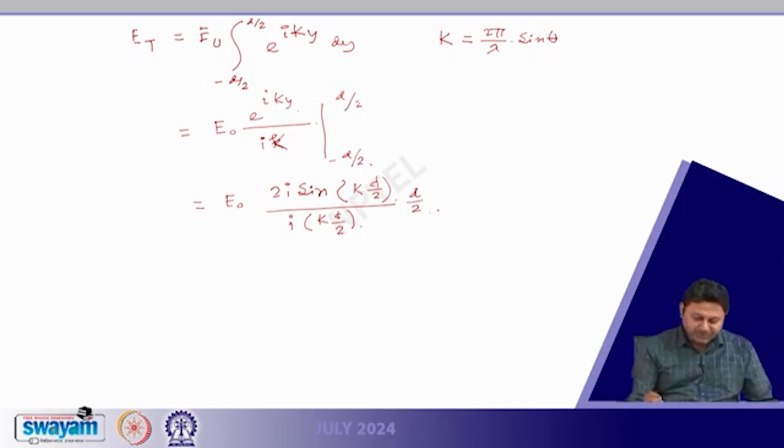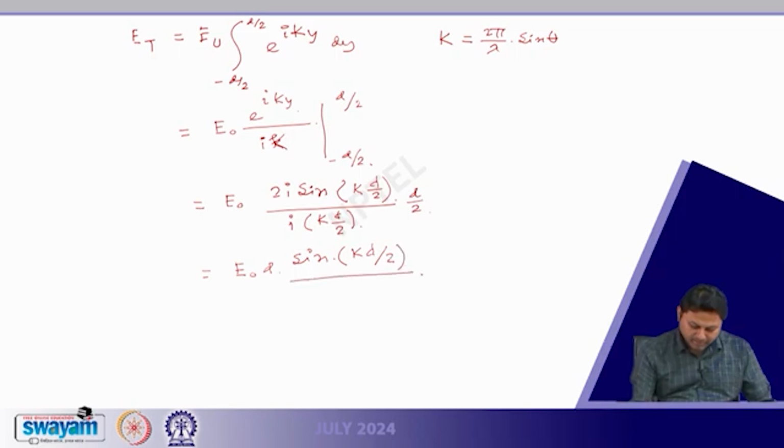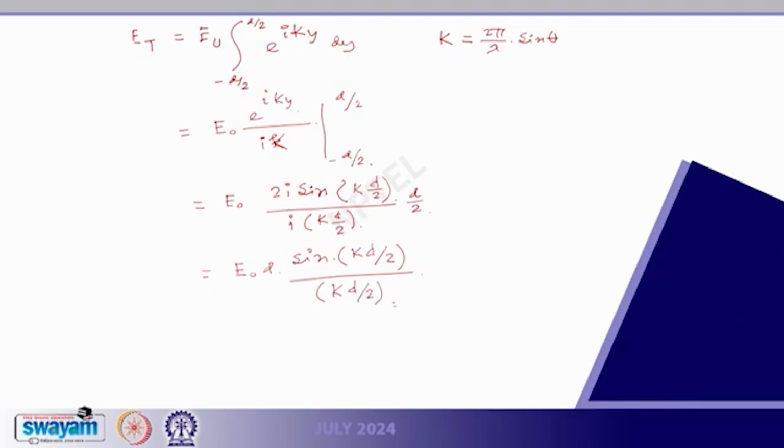Okay. So, this is essentially E naught d and then sine of k d divided by 2, k d divided by 2.